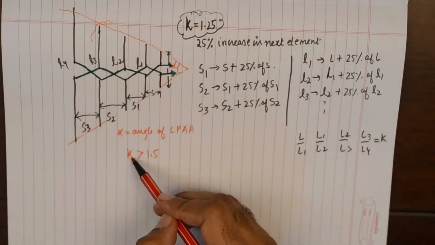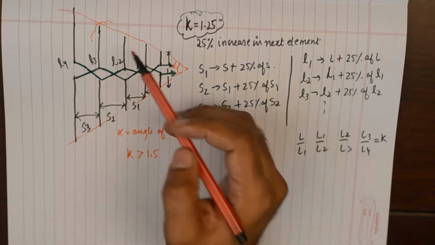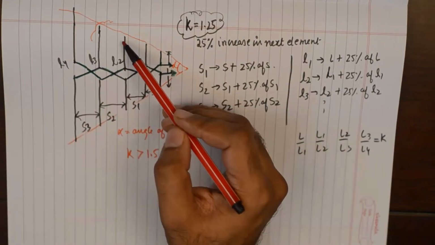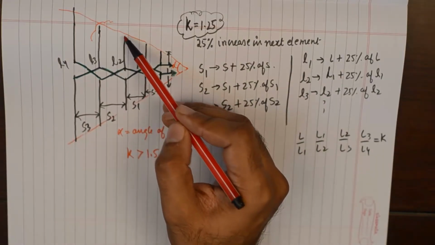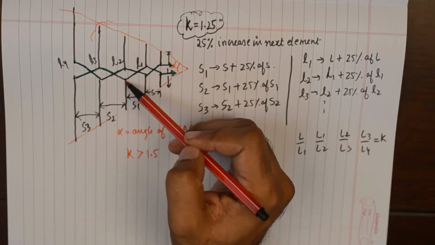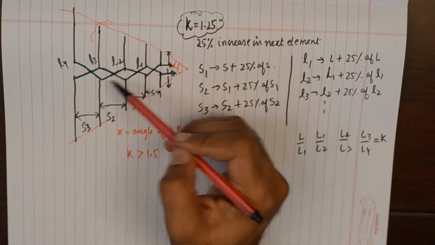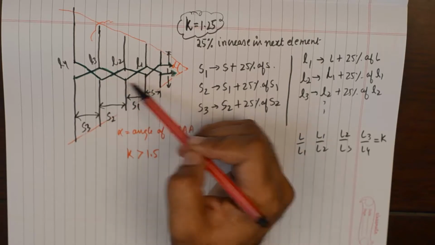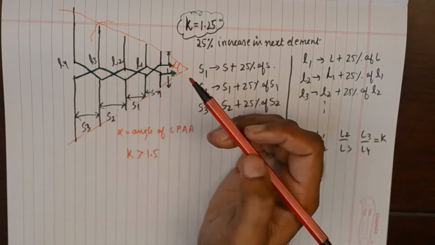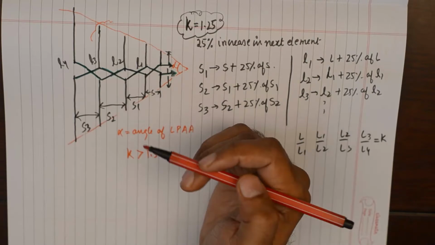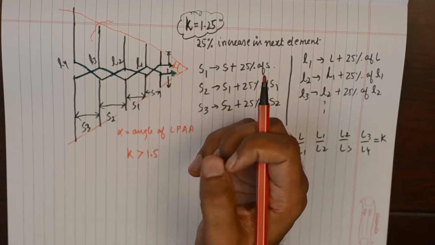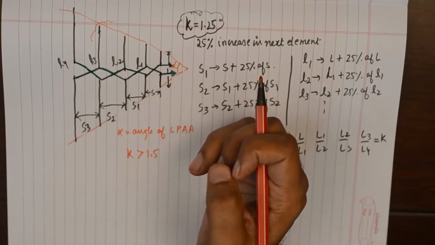For example, if we take k to be greater than 1.5, only the elements with the center frequency and a few elements on both the sides will be able to radiate, and the rest of them would not actively radiate the signal.